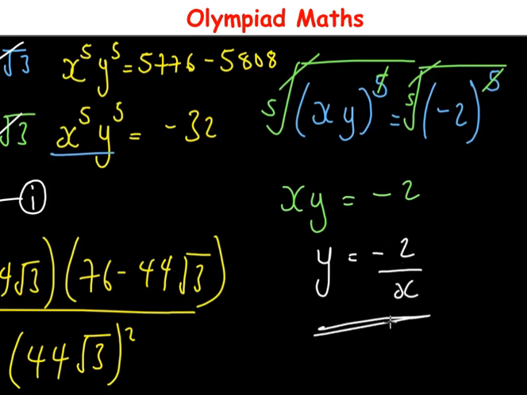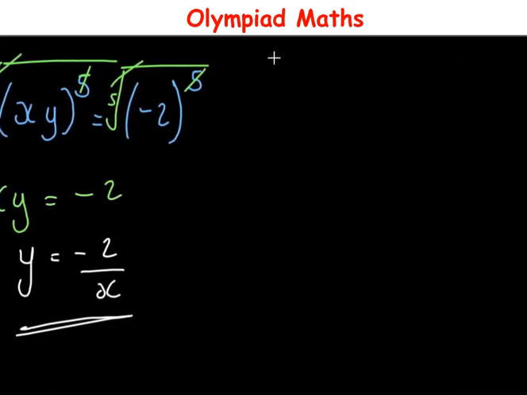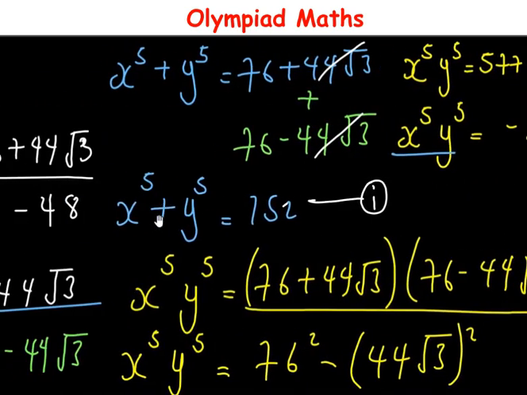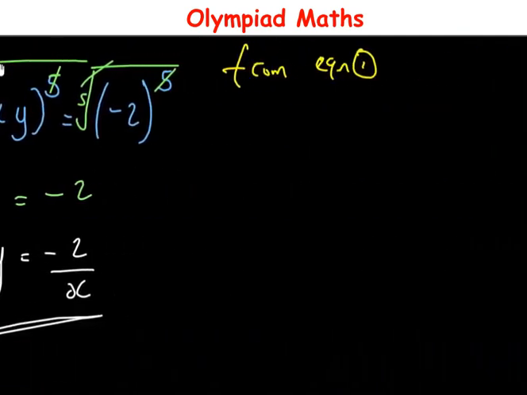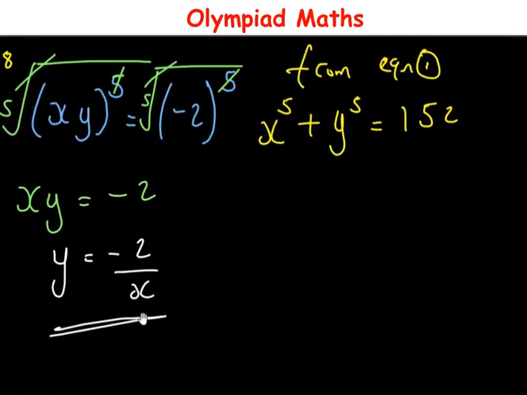Let's note this down. Then from equation 1, equation 1 is this: x raised to power 5 plus y raised to power 5 equals 152. And we got the value of y to equal minus 2 over x.